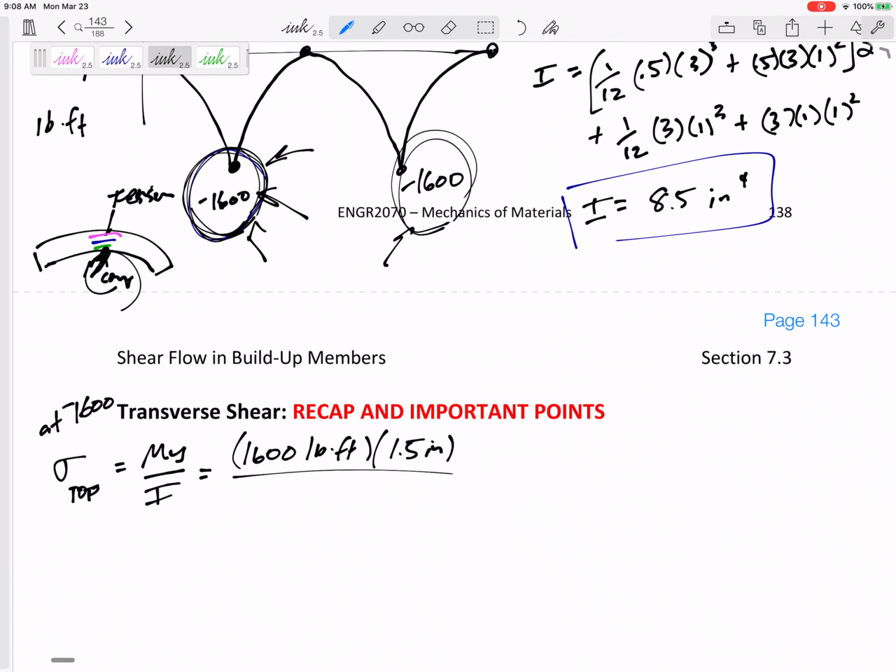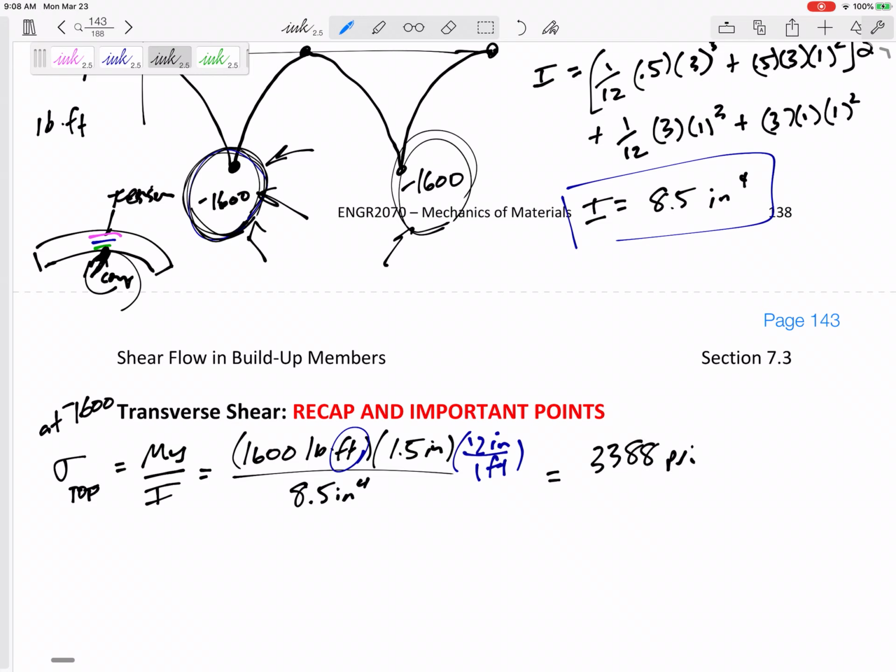I don't think units are going to work out here. Divided by I, 8.5 inches to the fourth. So I want to get rid of that feet, change it to inches, so multiply it times 12. And so now I've got psi as my units. All right, 3388 psi.